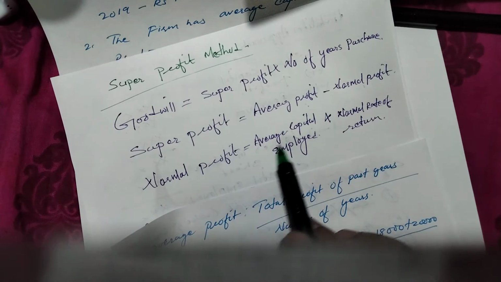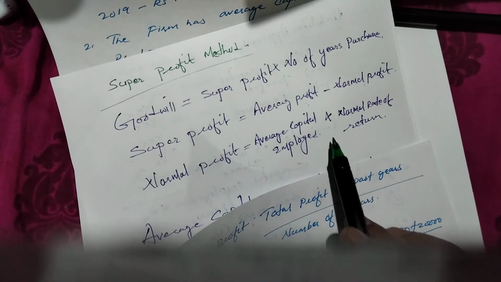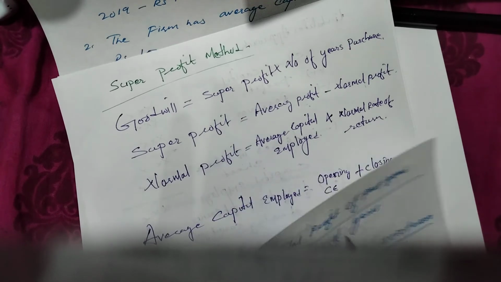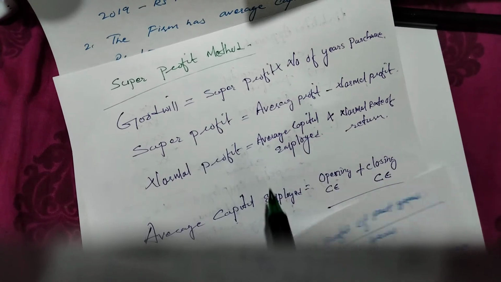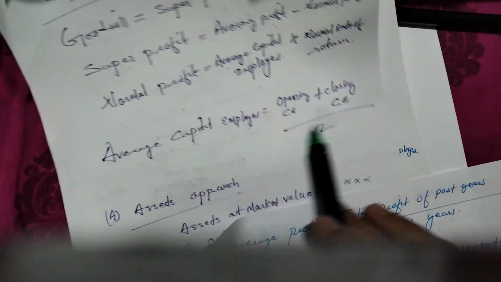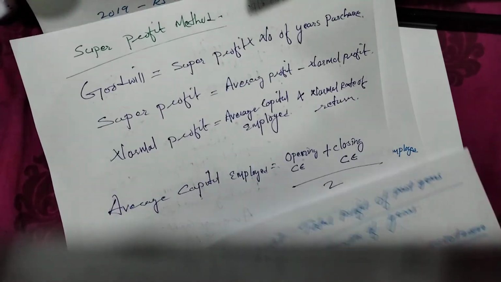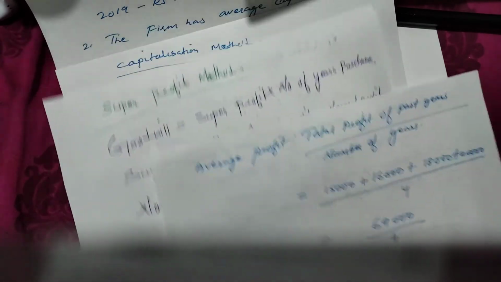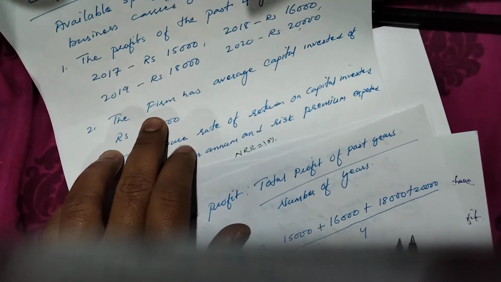So normal profit is equal to average capital employed into normal rate of return. If average capital employed is given in the question, you can directly write it. Otherwise you have to find it out; there are many approaches I have already discussed with you. Since in our question average capital employed is already given, no need to calculate it.